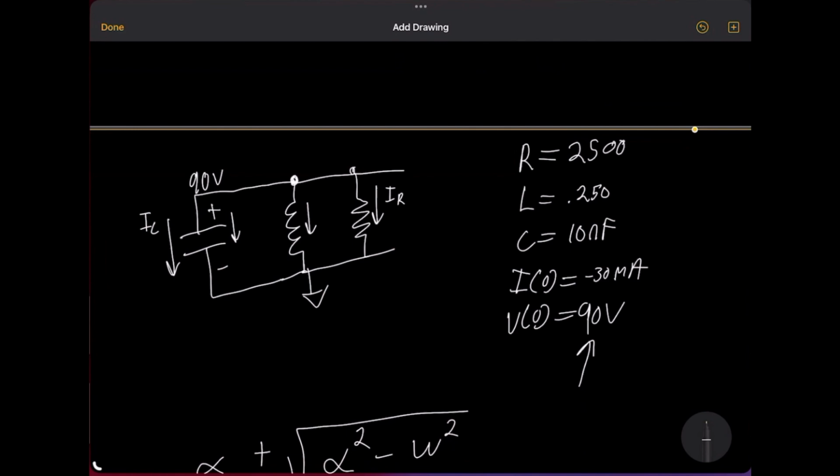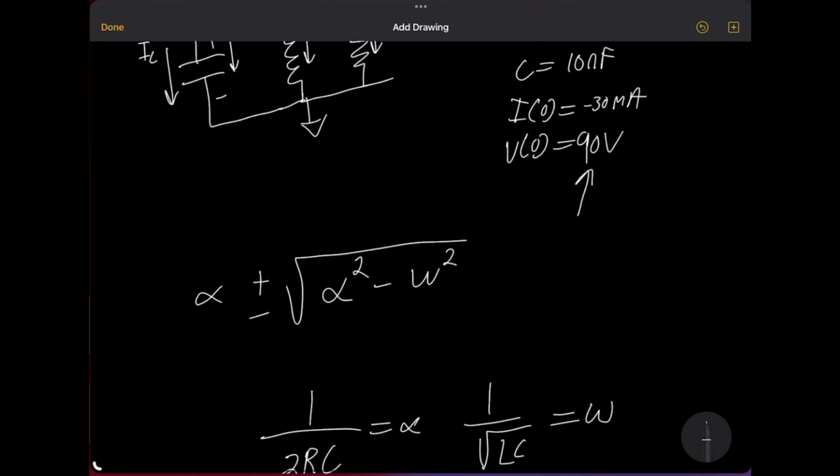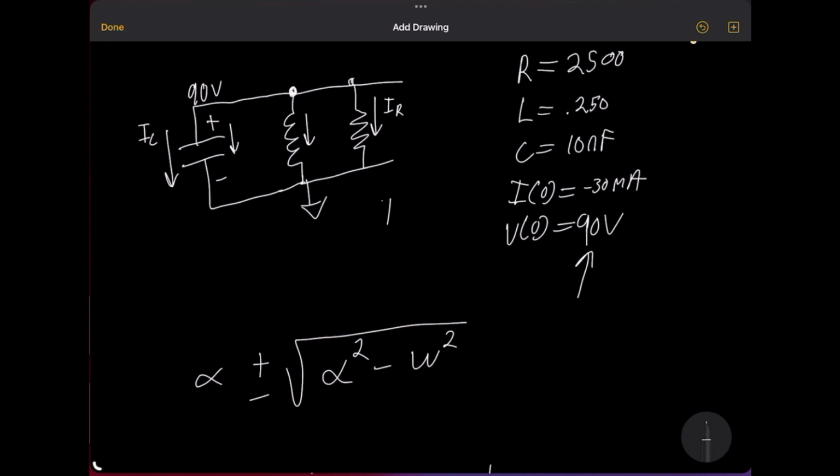We know that i is equal to C dv/dt, so dv/dt equals i divided by C, and that'll be our v prime of 0 in ODE terms.